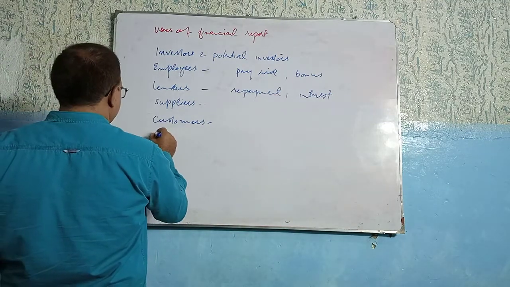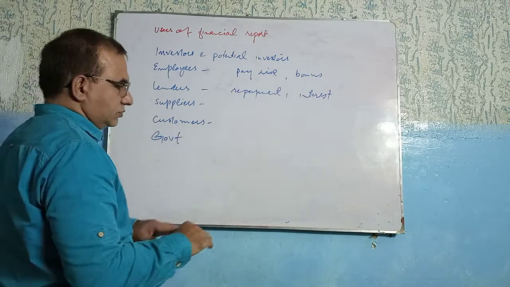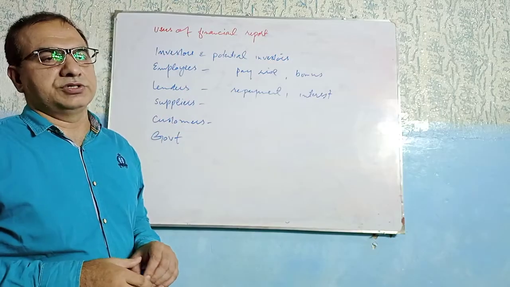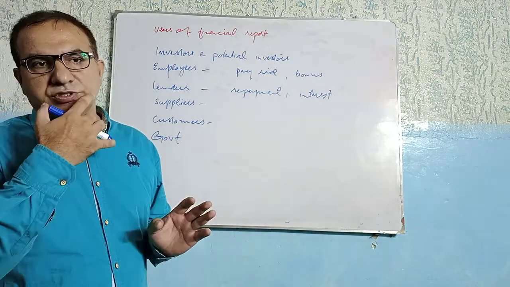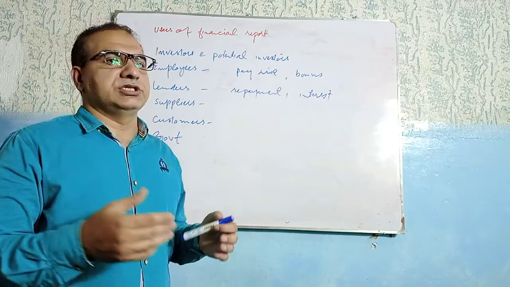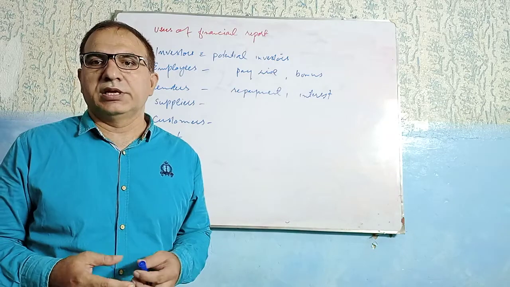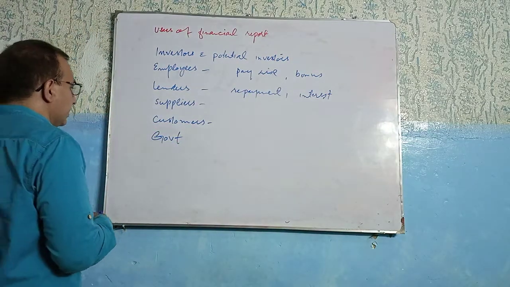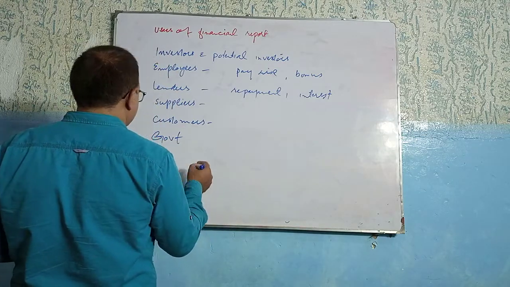And then we have the government. On the broad scenario, the big picture, they have to make policies for the whole economy. So these financial reports, they can see and analyze, and foresee how much profit, how much tax they are going to collect, and what kind of policies they should make for the companies to perform better in future and help them, and estimate their income.